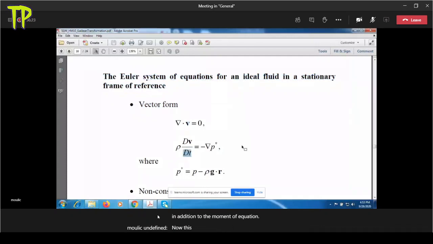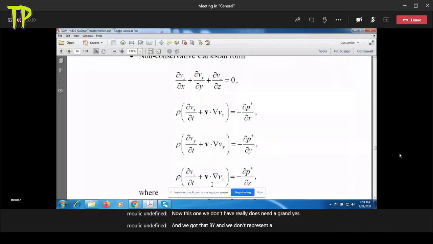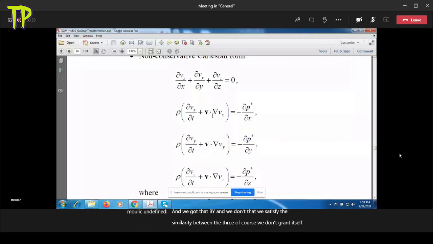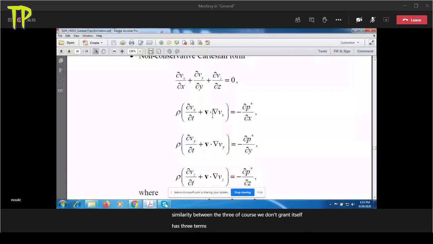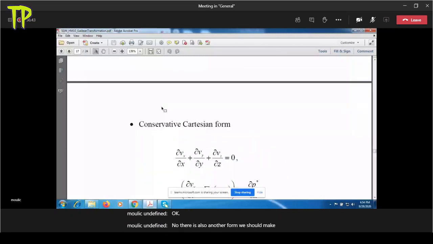Now this form I've written as V dot grad Vx, V dot grad Vy, and V dot grad Vz to show you the similarity between the three. Of course, V dot grad itself has three terms. This is what is called the non-conservative form. Now, there is also another form which you may call the conservative form.